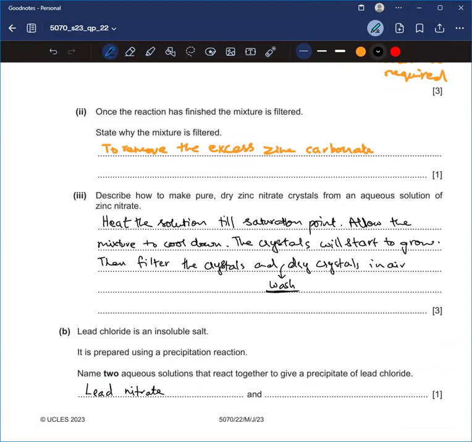And for chloride, we can take HCl, hydrochloric acid, or you could take any other soluble chloride.